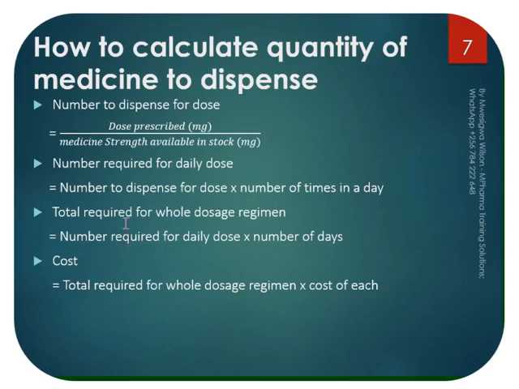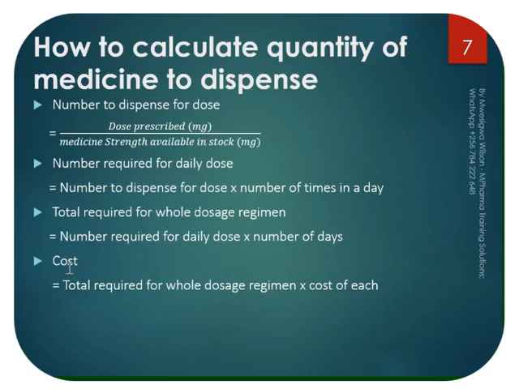The total required to fill the whole dosage regimen for each medication is the number required for daily dose, which is quoted above, times the number of days. So it is important here, you know how to interpret the times on the prescription.